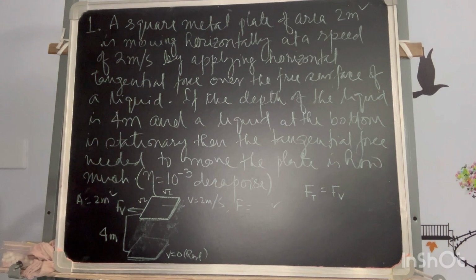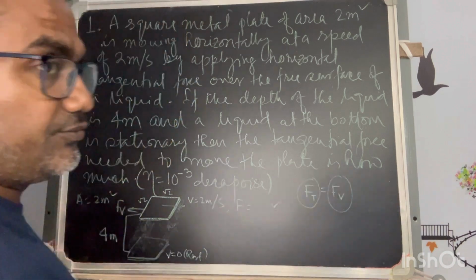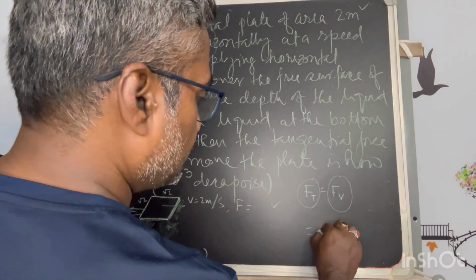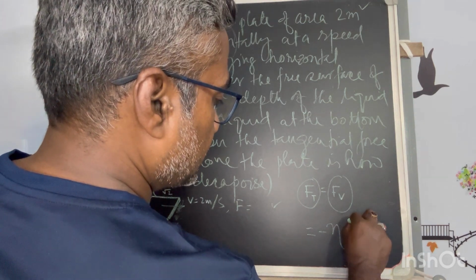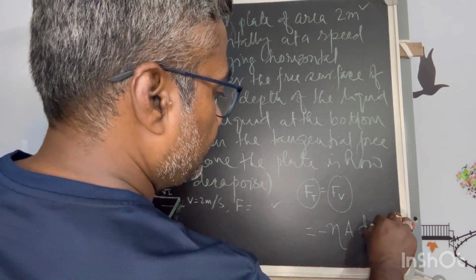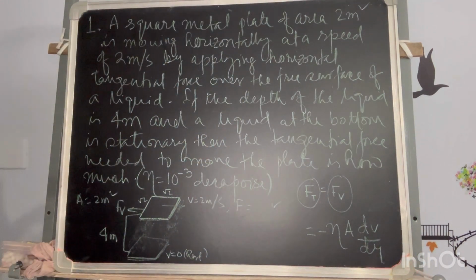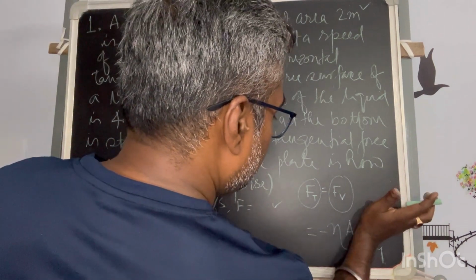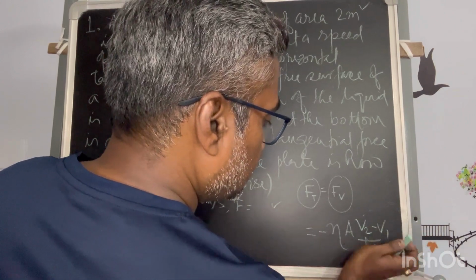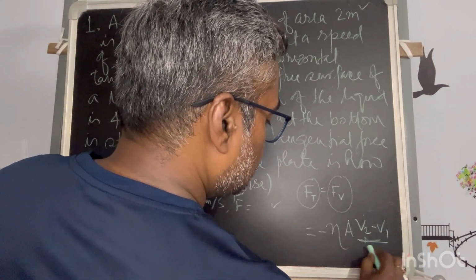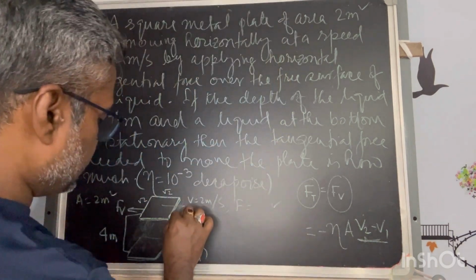So what is the force Ft? Ft is equal to Fv. So Fv is equal to how much? Minus eta A dv by dy, or you can say the velocity gradient, (v2 minus v1) divided by delta y, the distance between the layers.